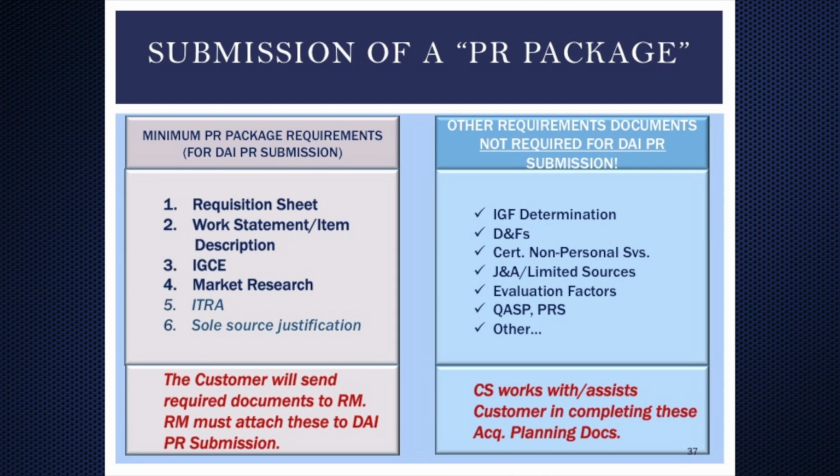Now, there was a question when we had this training earlier about situations in which you want to start engaging with procurement at the minimum PR package stage. And one of the best examples is if you want to do an RFI, a request for information, which really is something that procurement does.